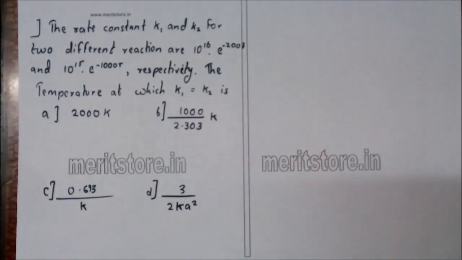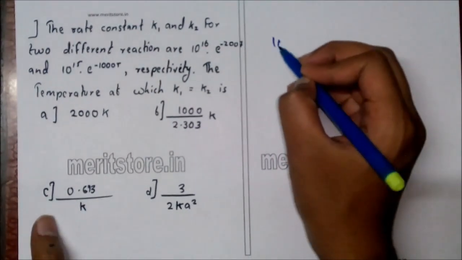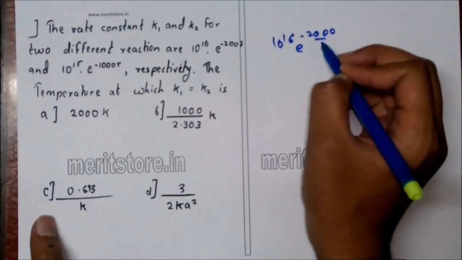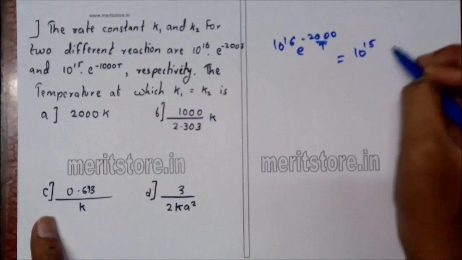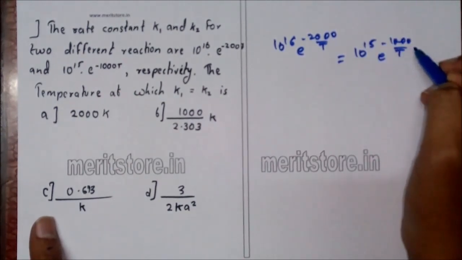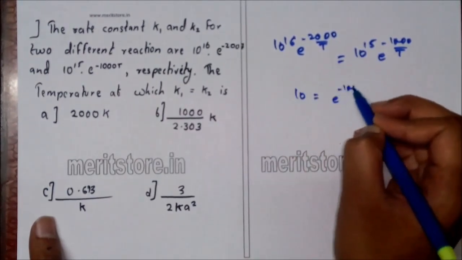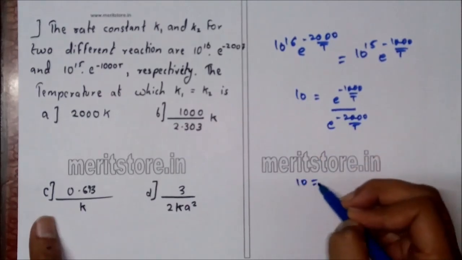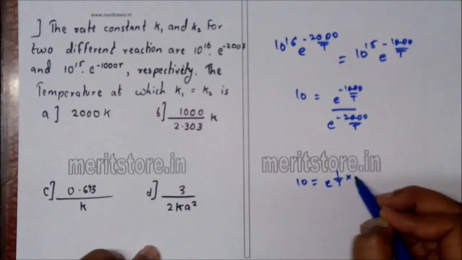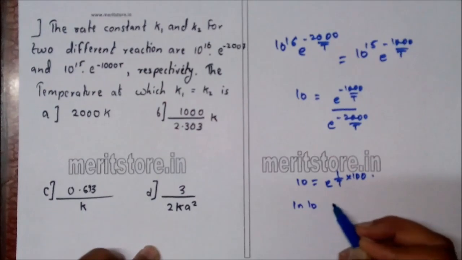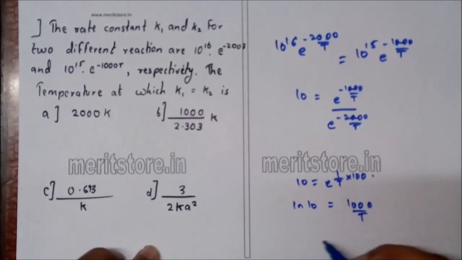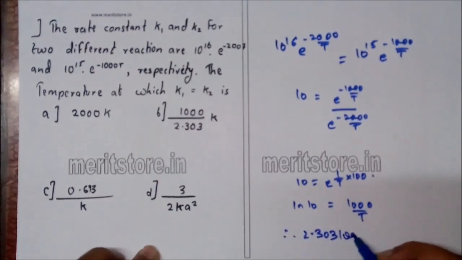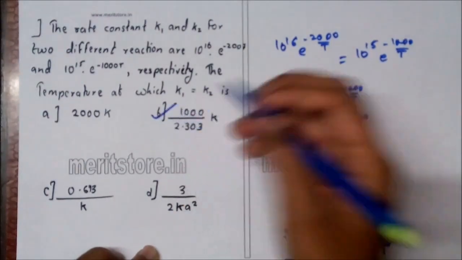The temperature at which K1 and K2 will be equal is, so we get 10 raised to 16 e raised to minus 2000 upon T equal to 10 raised to 15 e raised to minus 1000 upon T. So we can write this as 10 equal to e raised to minus 1000 upon T divided by e raised to minus 2000 divided by T. So 10 is equal to e raised to 1000 upon T. So ln of 10 is equal to 1000 upon T. Therefore 2.303 log 10 is equal to 1000 upon T. On solving this, we get value of T as 1000 upon 2.303 K. So option B is the correct answer.